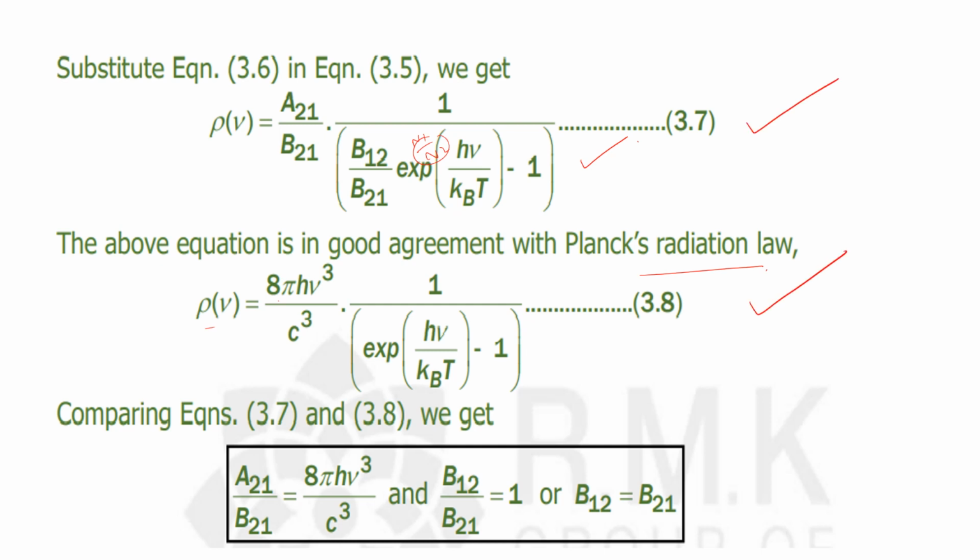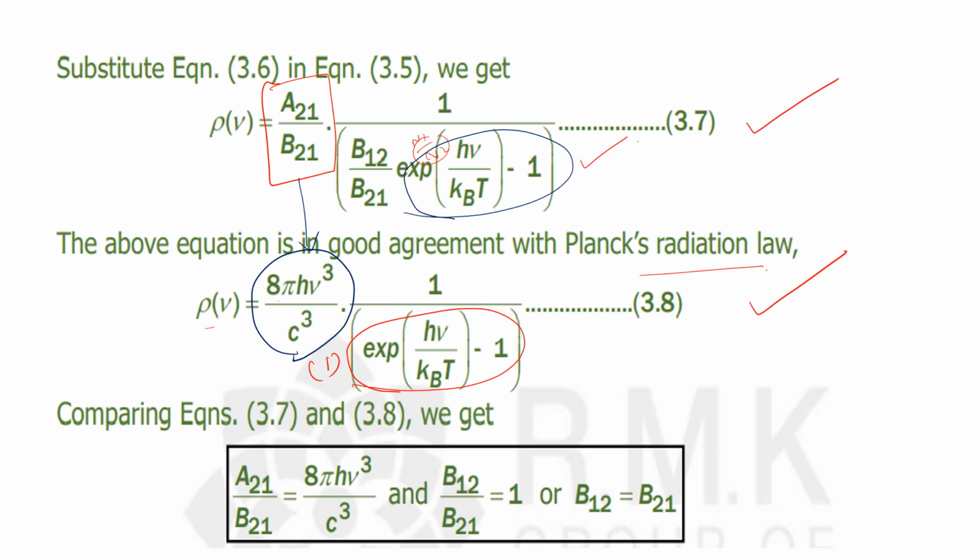Comparing the equations, we get A21 by B21 is equal to 8 pi h nu cube by c cube. This is equated with this, and then we have e power h nu by kBT minus 1 here. Here also we have e power h nu by kBT minus 1, and then here B12 divided by B21 can be equated with 1.